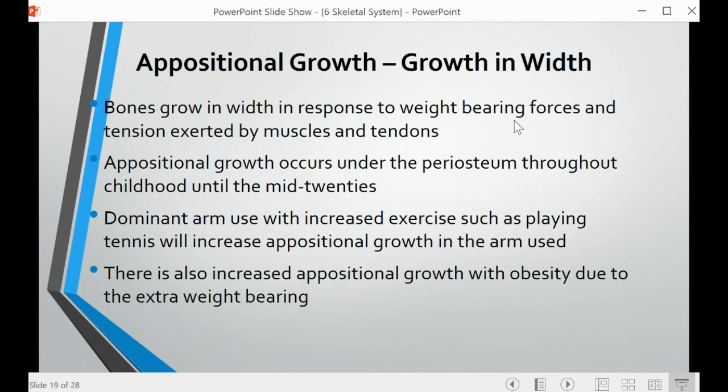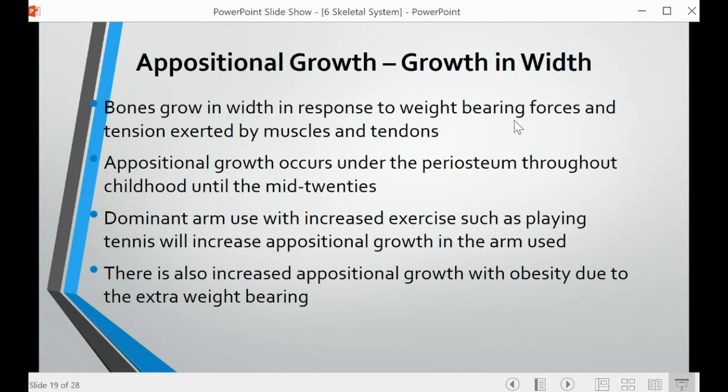Manual workers tend to have a larger clavicle. The clavicle is your collarbone, right at the edge of your throat, around your shoulders. Okay. And so that's going to get larger because they're doing a lot of weight-bearing exercise or weight lifting of boxes or what have you. And that's going to cause the clavicle to grow wider.